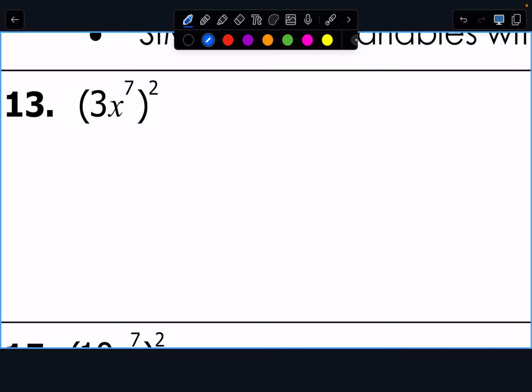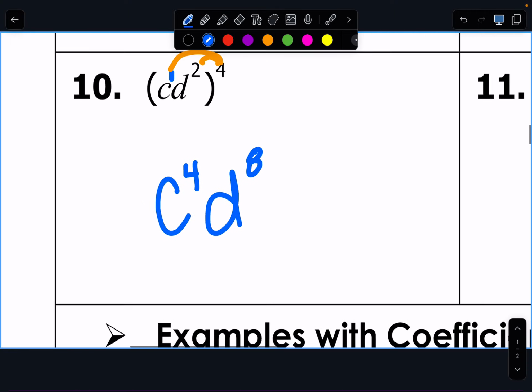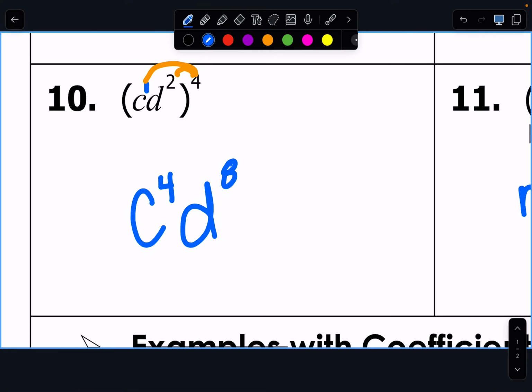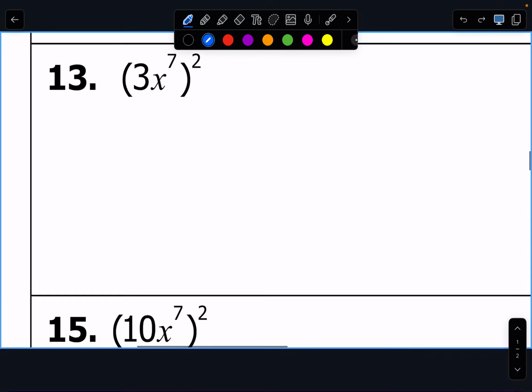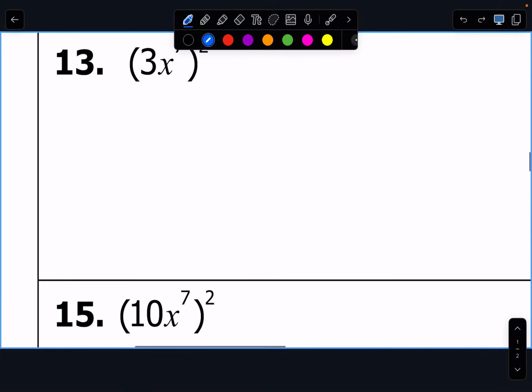Okay? So I want to just draw our attention back to number 10. In number 10, C didn't have an exponent, so we knew it was really an exponent of 1, and then we just shared the love with the power. Okay? In number 13 and 14 and 15 and all the ones with these coefficients, it's that same story.